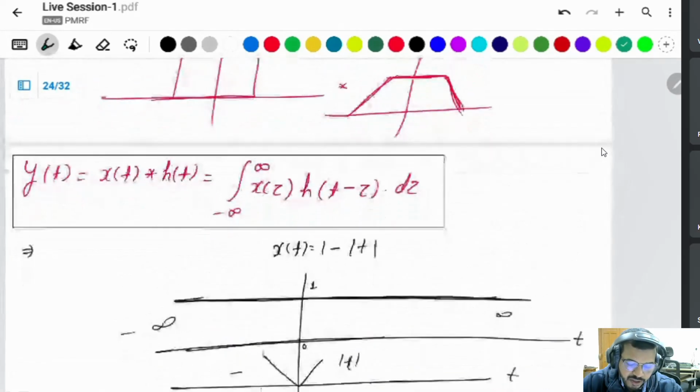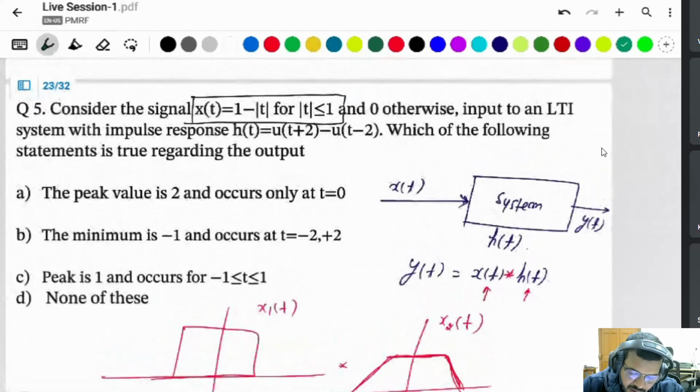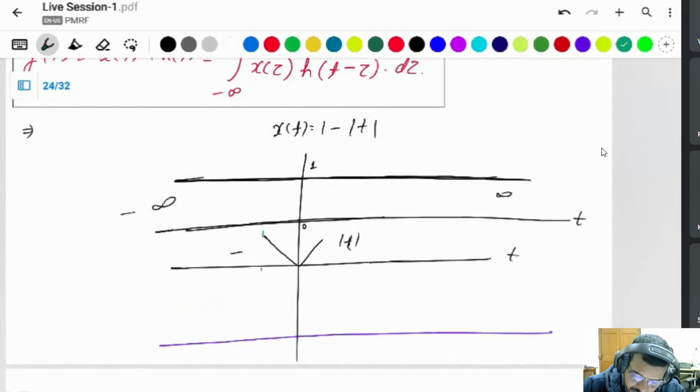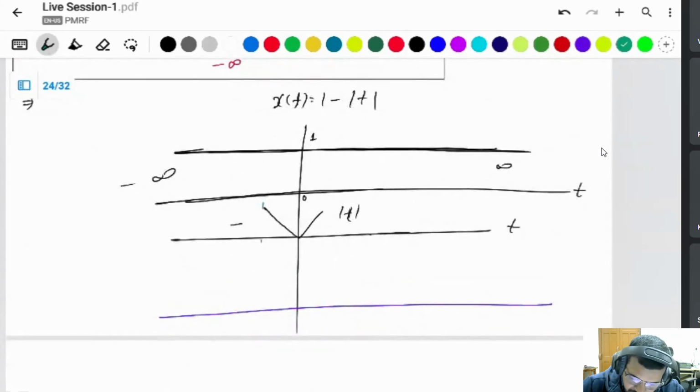There is also a condition given in the question: minus 1 to 1 only, otherwise it will be 0. First subtract this one. This is the slope 1. Then from which point will it cut the 1? At 1 only.